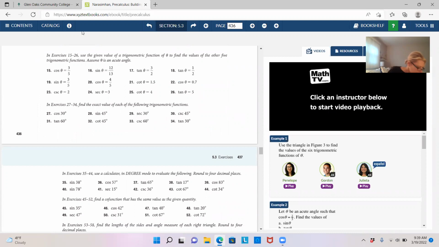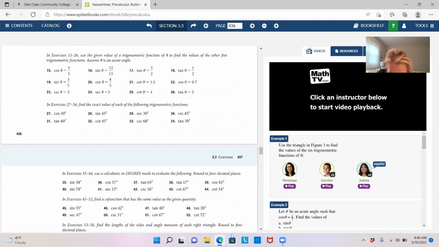So the next one I have is 33. So 33 says cosecant of 60 degrees. Just find that. Okay.